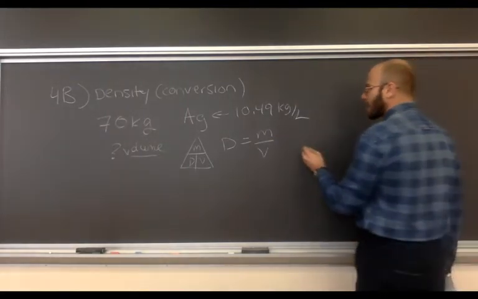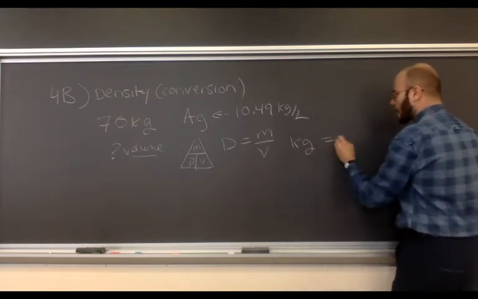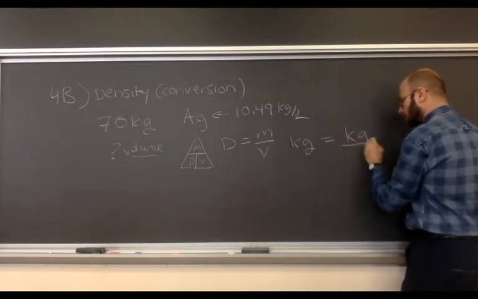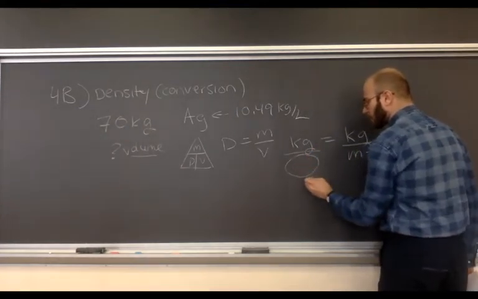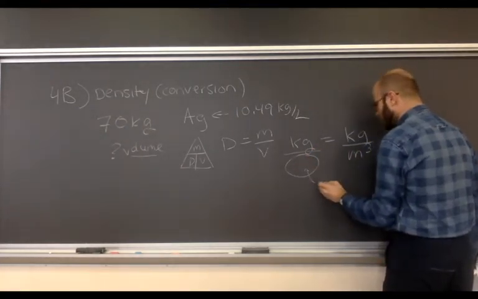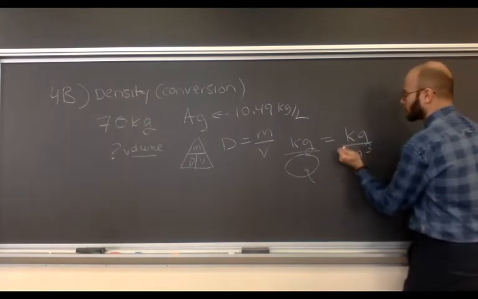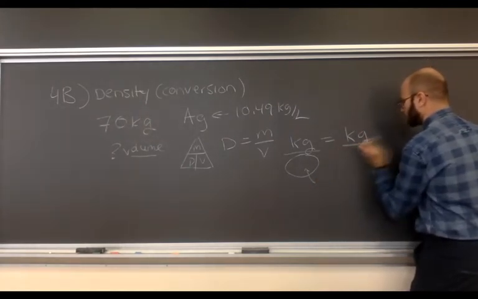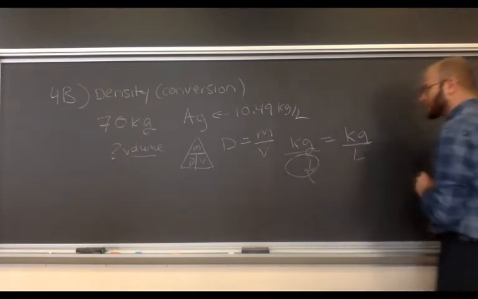So we know, for example, that we have units of kg, and we're going to be using the units that we were given, meaning that something's missing from here. And so in this case, we're going to be looking for, the units here are kilograms per liter. And here we're going to find that volume in liters in that way.